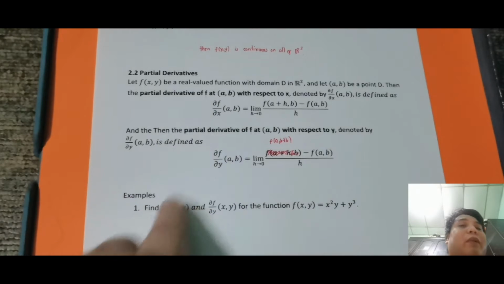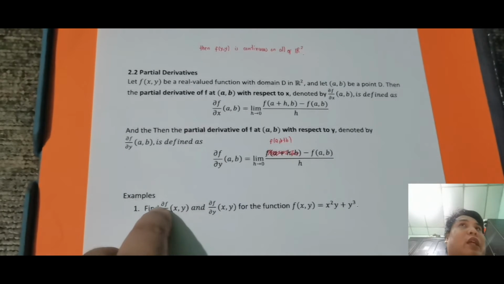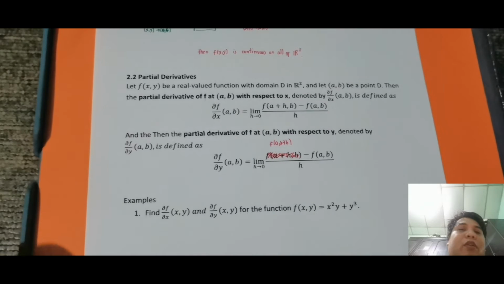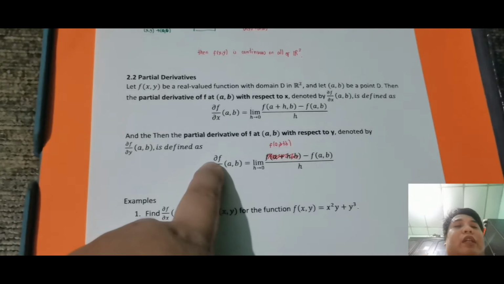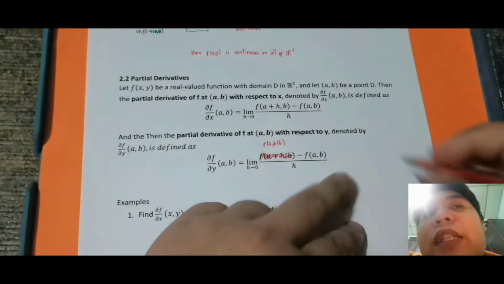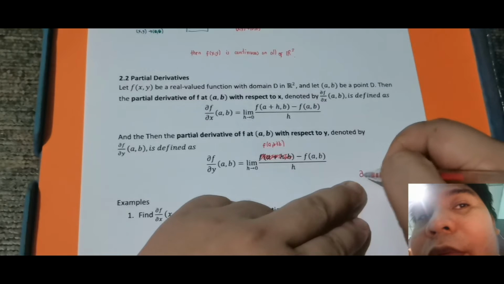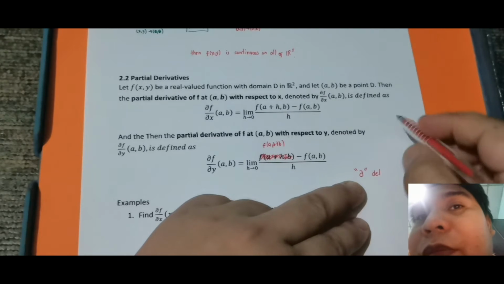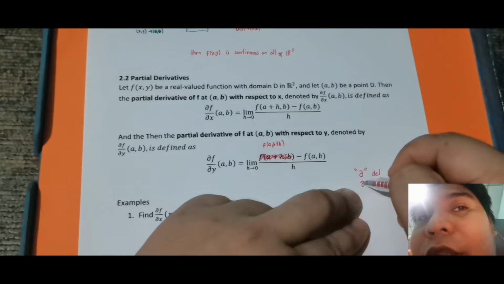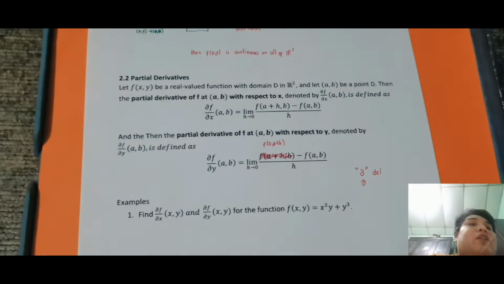Actually, that's del, but it's read as partial derivative. Even in other props. Although in the book, that is del, a Greek symbol del. Okay, so it's read as del. Again, this is del. That's how it should be written. So partial derivative, that is del.